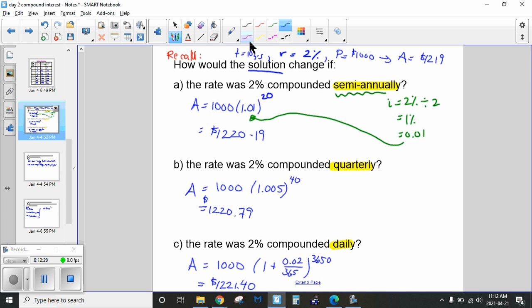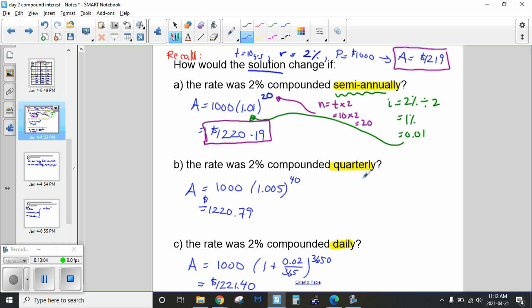The exponent here becomes 20 because our number of compounding periods is actually the time multiplied by 2. So 10 times 2, which is 20, and that's the number that goes in the exponent. So we end up earning a little bit more than the 1,219. So that's what we earned with annual compounding. And this is what we're earning with semi-annual compounding, meaning we get our money a little bit sooner, like halfway through the year, and that's going to earn its own interest.